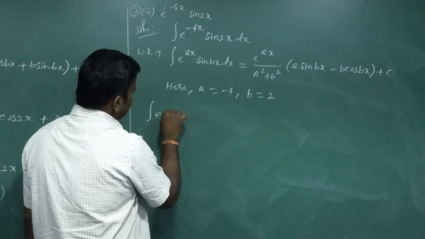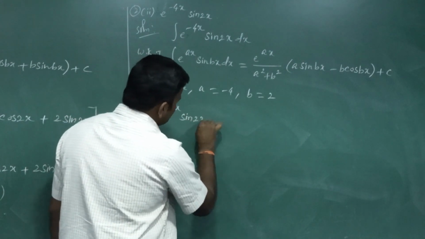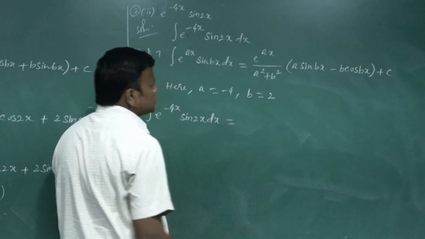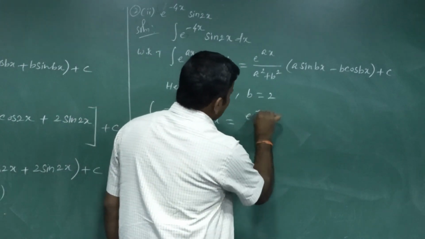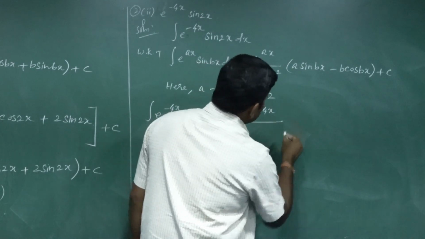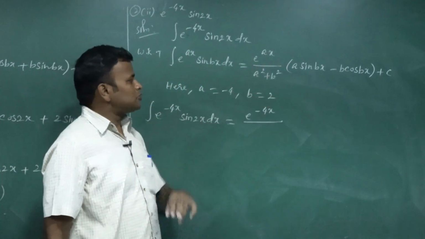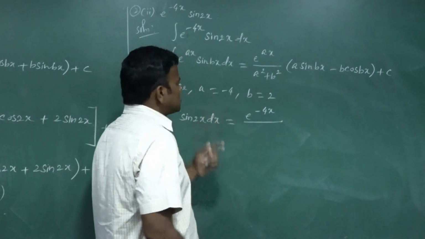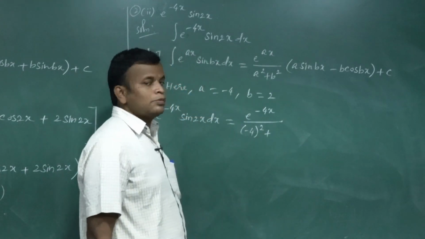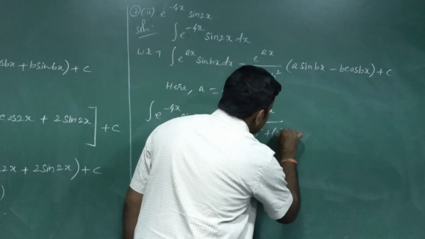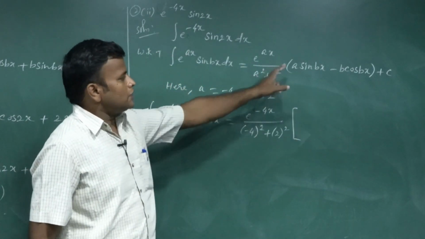So integrating of e power minus 4x sin 2x into dx is equal to e power ax, e power minus 4x divided by a square plus b square. The value of a square, minus 4 square, plus b square is 2 square. A sin bx.